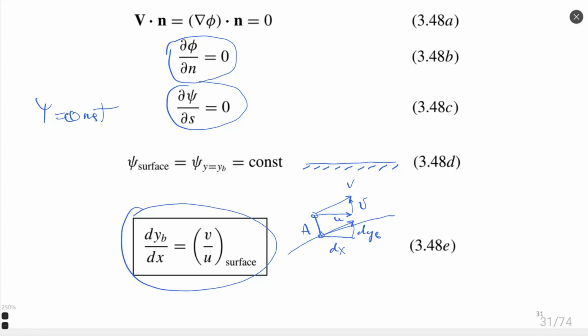The ratio between the directions of the body is the same as the ratio of velocity components on the surface. So this is how we define this direction and the streamline value on the surface, which is constant.